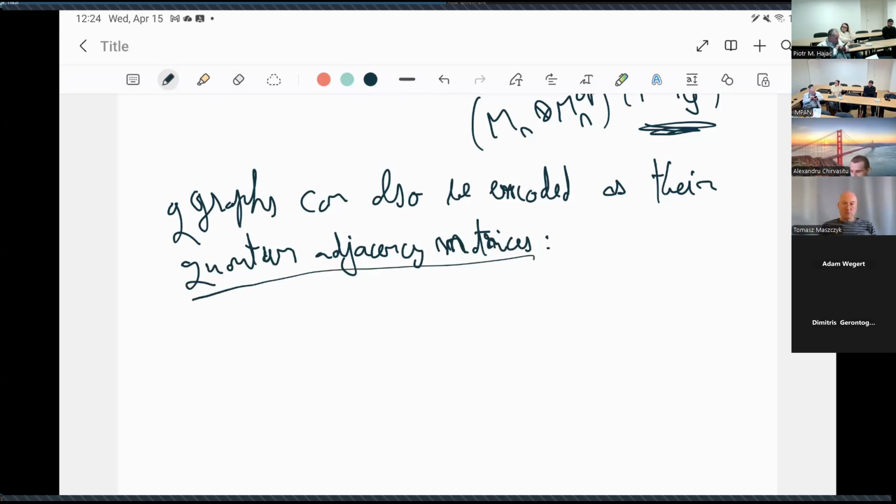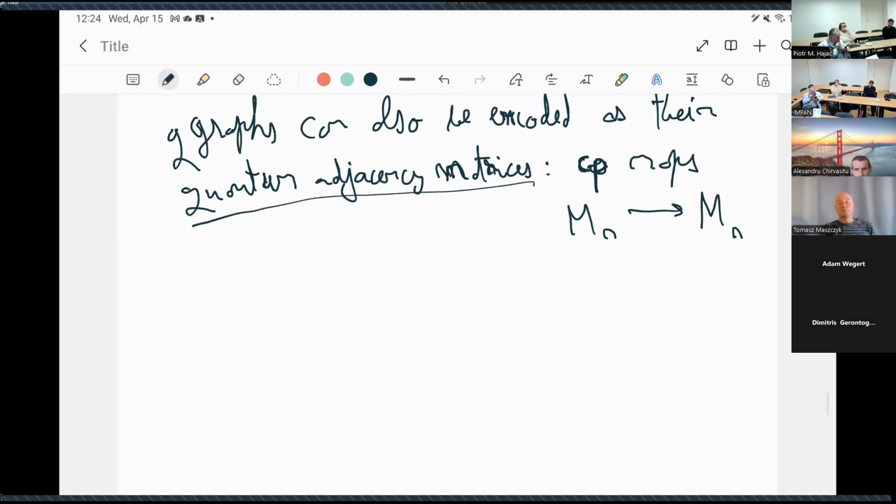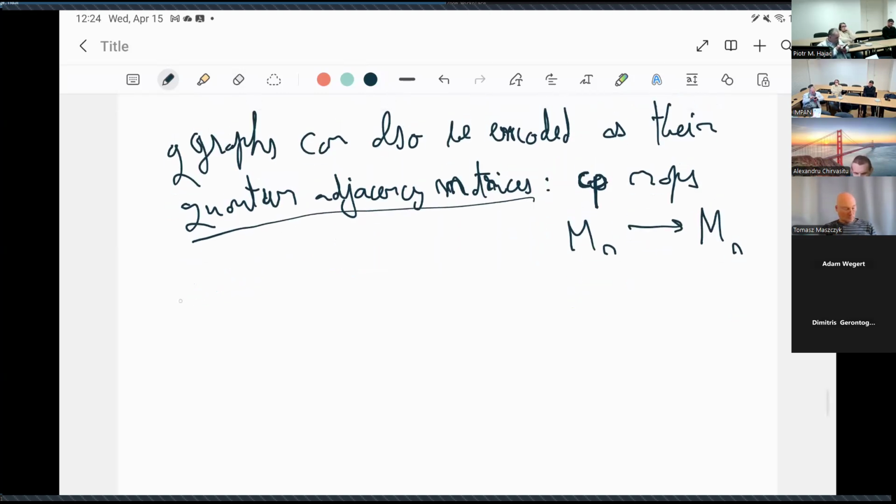Now, these are going to be completely positive operators, CP maps, from Mn to itself. It's a C-star algebra, Mn, so you can talk about completely positive maps, satisfying certain tensor theoretic constraints. I'm not going to unpack that. I don't have that long anyway, right? You have 20 minutes.